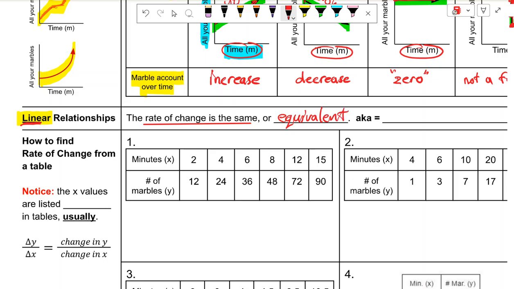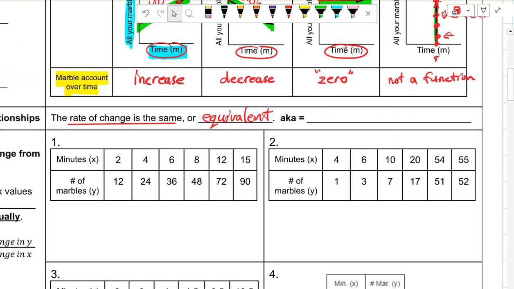Now, another name for equivalent would be the constant rate of change. And that's what we're studying in this lesson, constant rate of change.